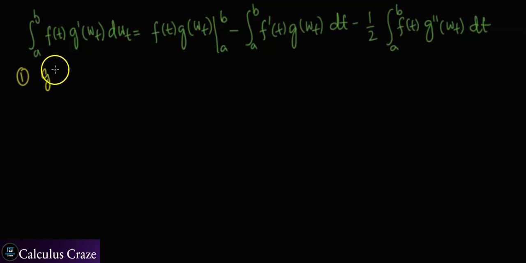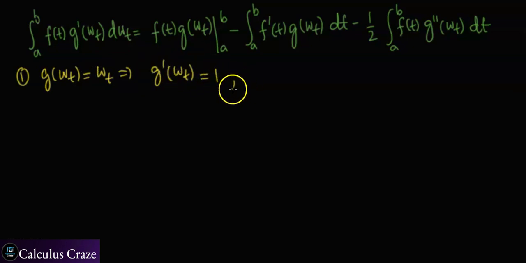Number one, let me set g of w sub t to be equal to only w sub t, like g is given by just the Brownian. In that case, its derivative g prime with respect to w is given by 1, and its second derivative is of course going to vanish, so it's 0.